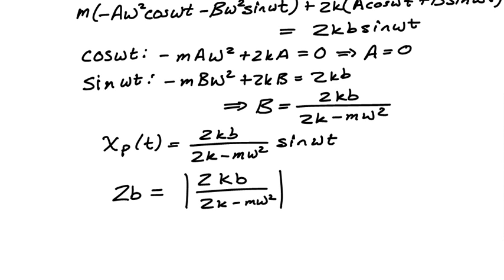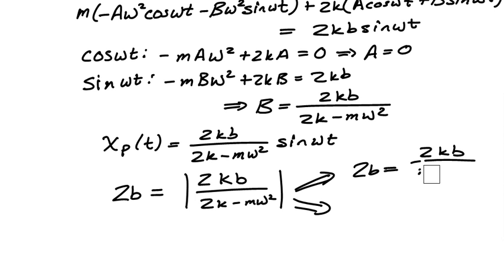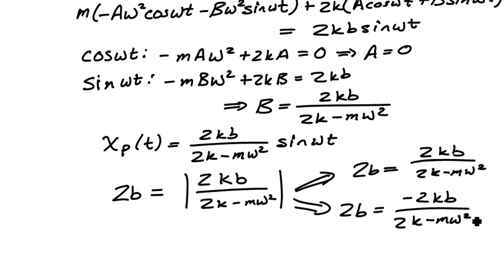This can be true under two conditions. Condition 1 is where 2b is equal to 2kb divided by 2k minus m omega squared, as well as the case where 2b is equal to minus 2kb divided by 2k minus m omega squared. Let's call these case 1 and case 2 respectively.